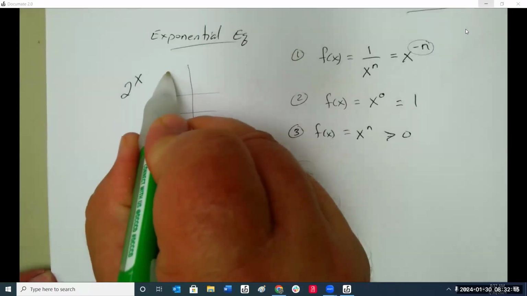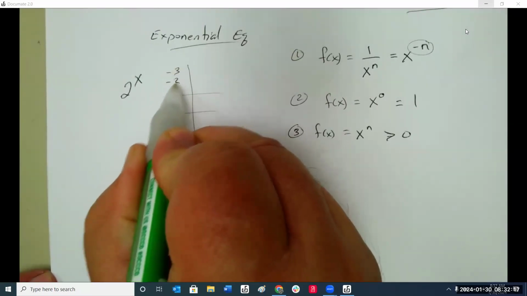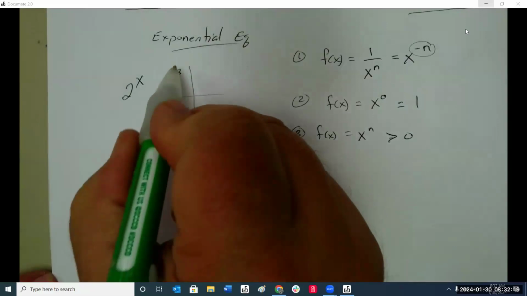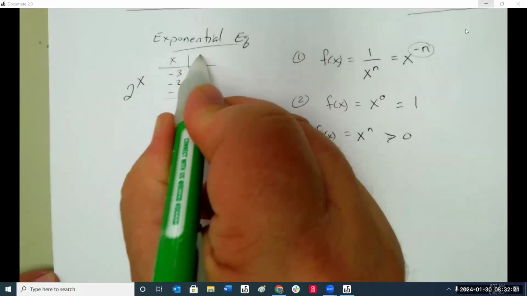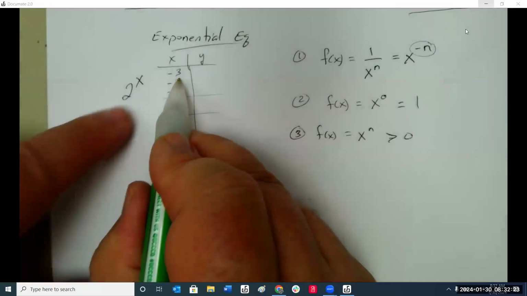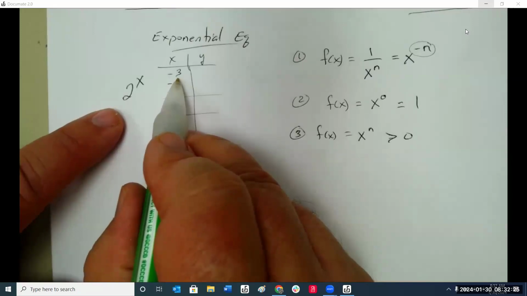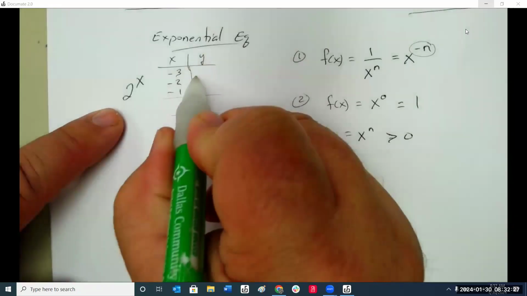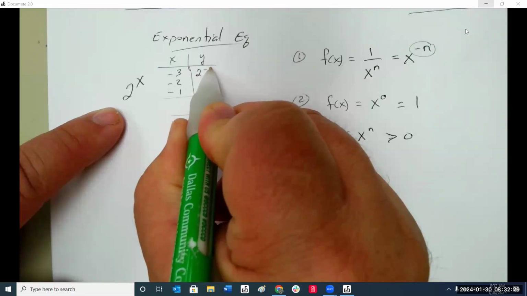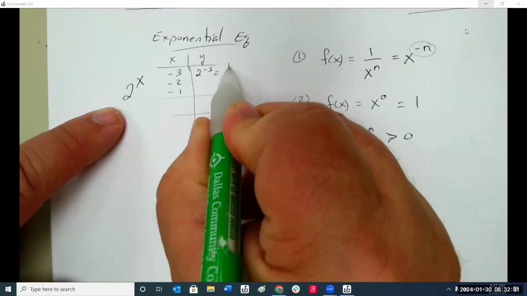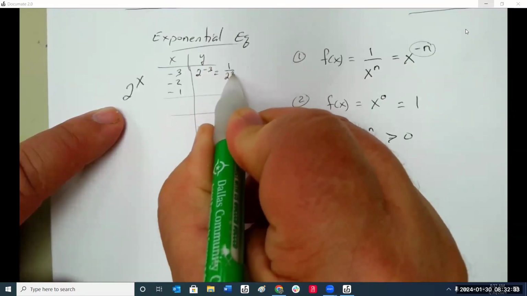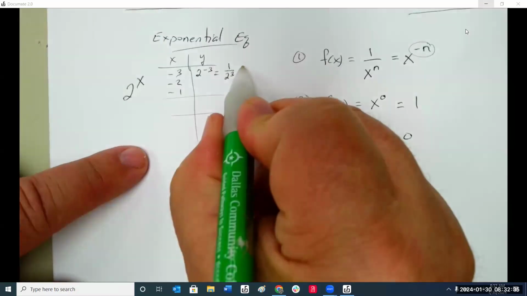If x is negative, this is x, and this is y. So if x is -3, what do we get? 2 to the power -3 is the same thing as 1 over 2 to the positive 3, which makes it 1/8.